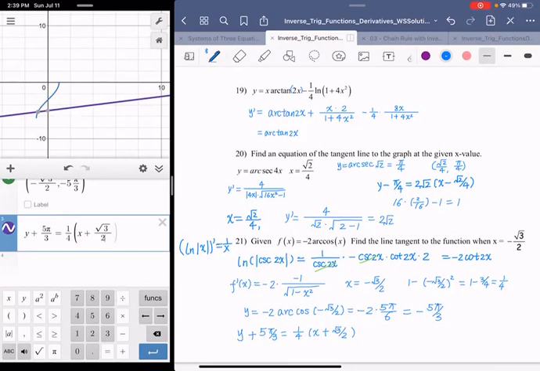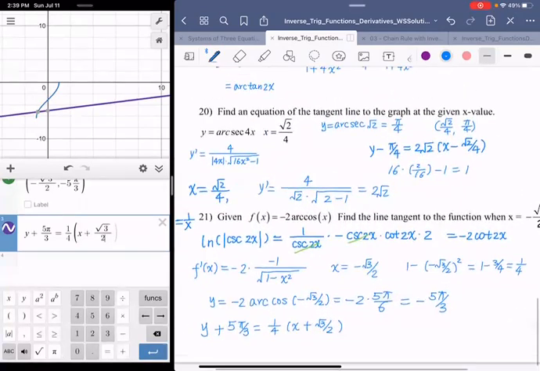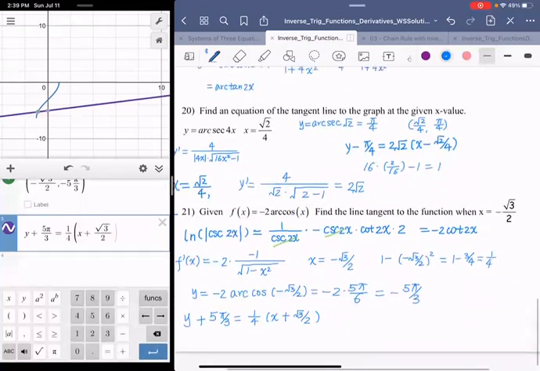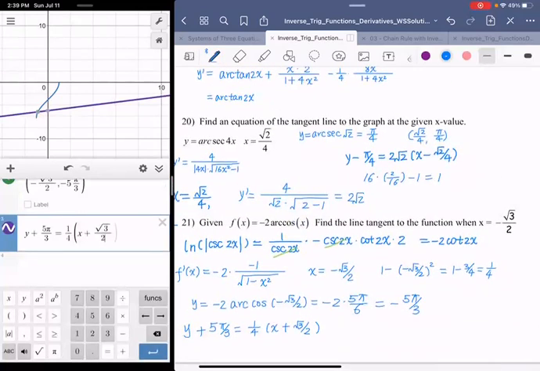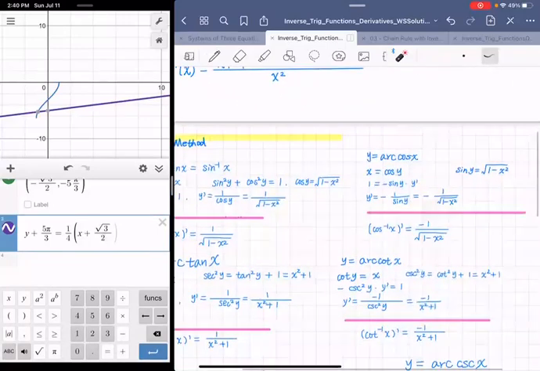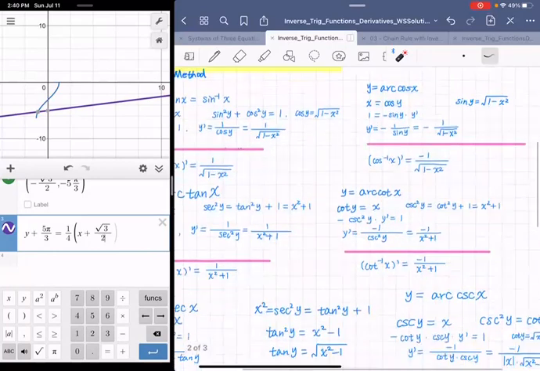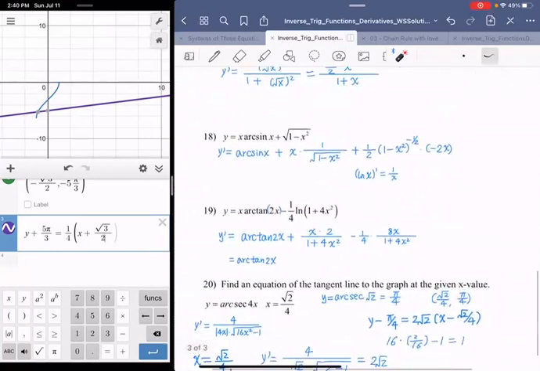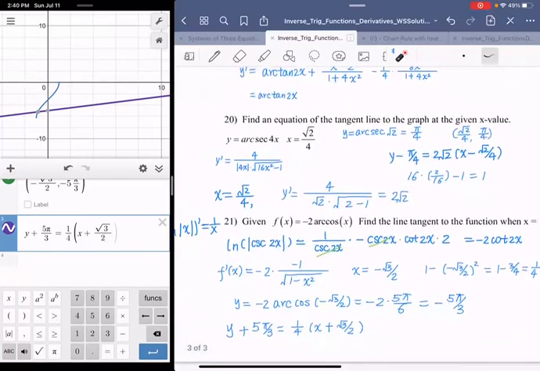It is not showing correct. Let's double check our work, okay? F prime of this is -2, yes, times -1, and then square root of 1 minus x squared. The formula here is showing correct. Okay, so far no problem.